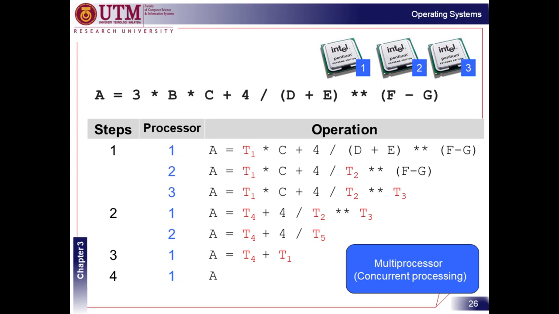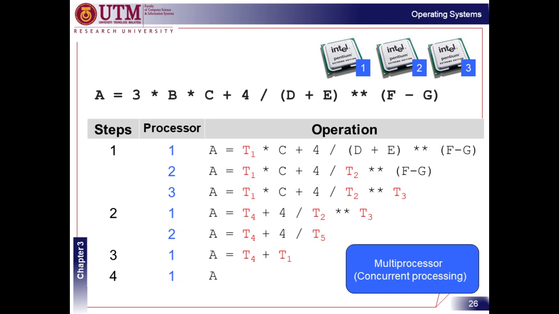At the end of step 4, processor 1 has computed A and stored it in memory. The other processors have finished their tasks and are idle.